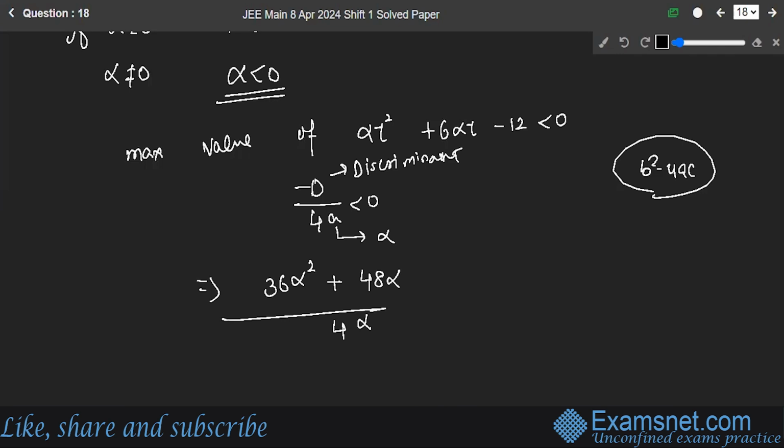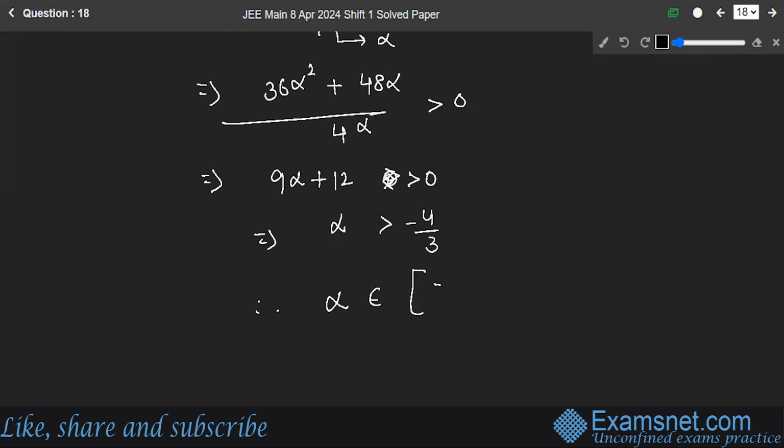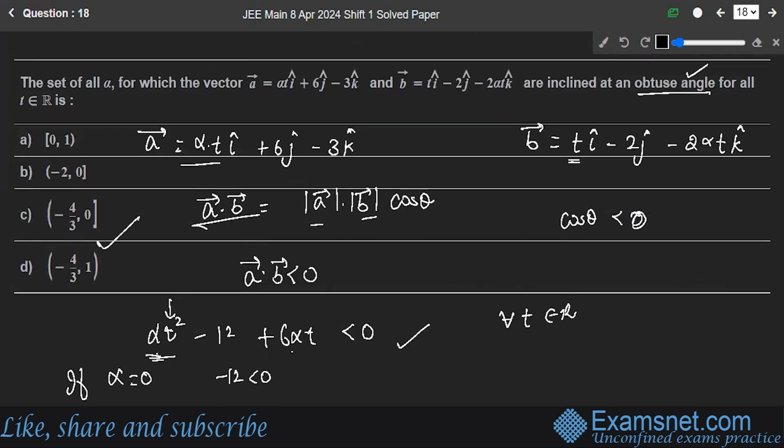Then the sign will change, and you will have 9 alpha + 12 greater than 0, or alpha greater than -4/3. Therefore, alpha will belong to the interval (-4/3, 0).